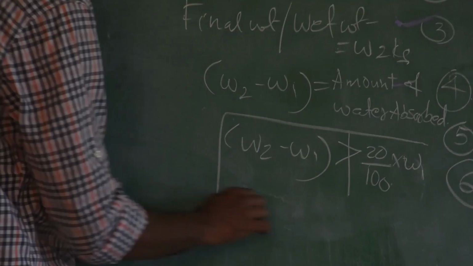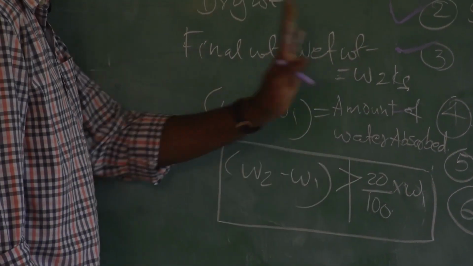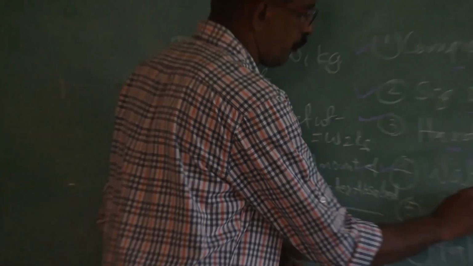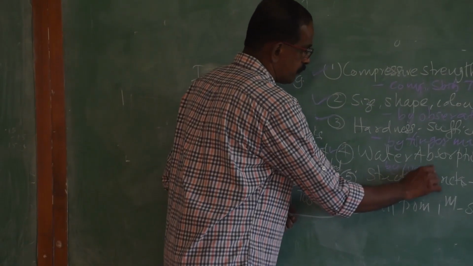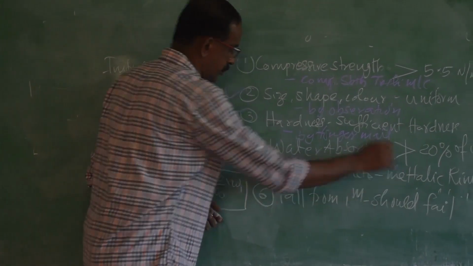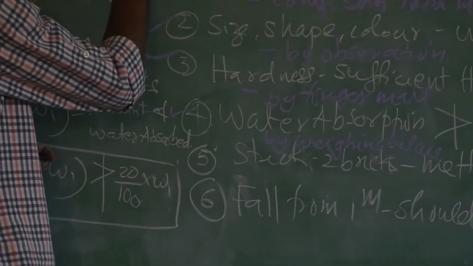So this is the condition: W2 minus W1 should not be more than 20 by 100 of W1. So water absorption can be tested by taking the weight with a weighing balance.